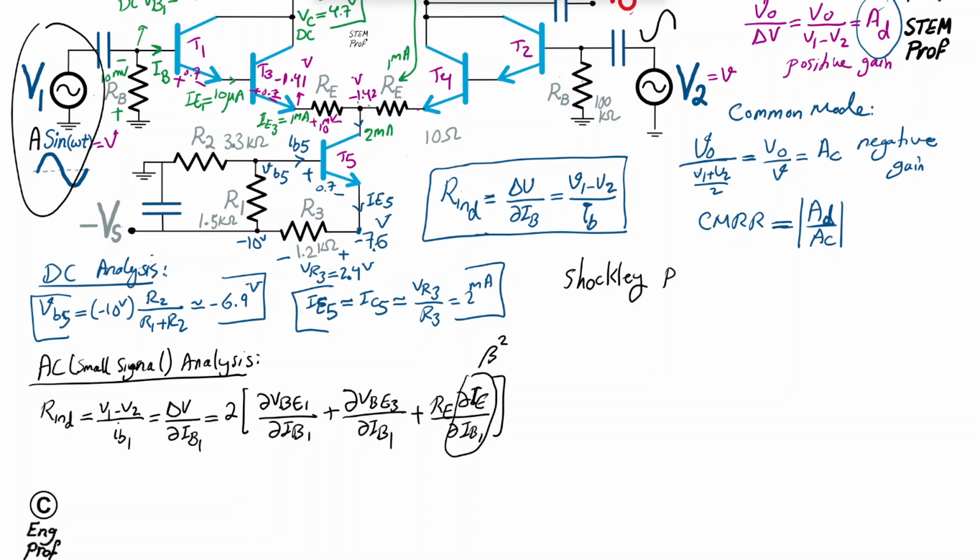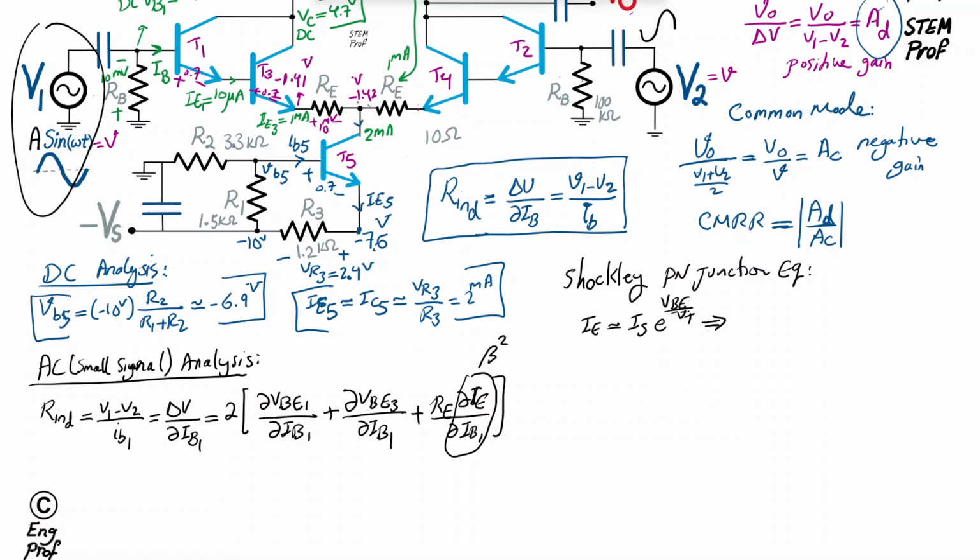The Shockley p-n junction equation says that for transistor T1, the emitter current of this transistor is roughly equal to the saturation current of the transistor times e to the power VBE divided by VT, the thermal voltage. Thermal voltage is 25 millivolt, assuming the p-n junction is at room temperature.